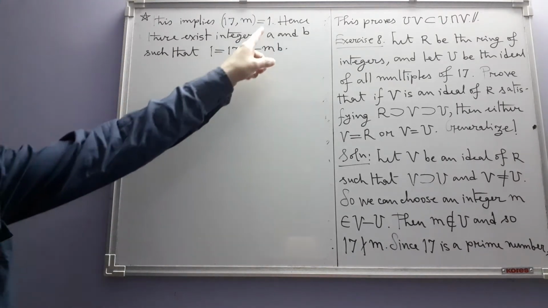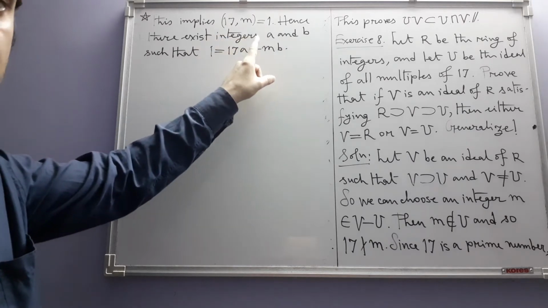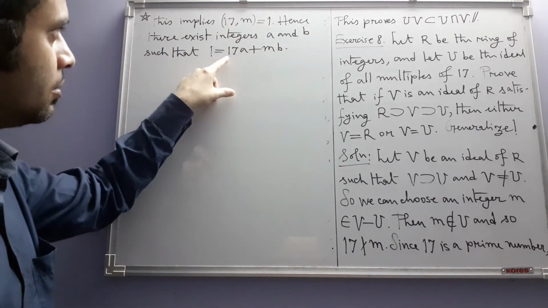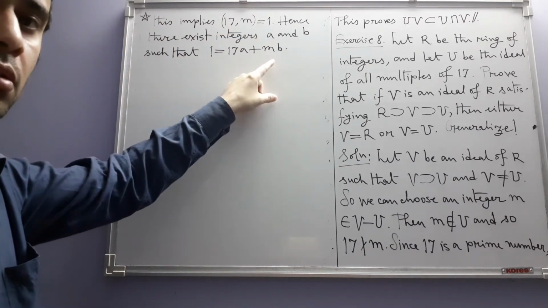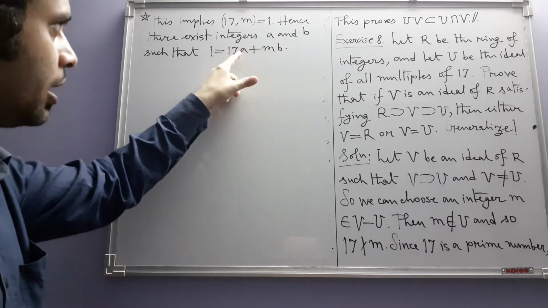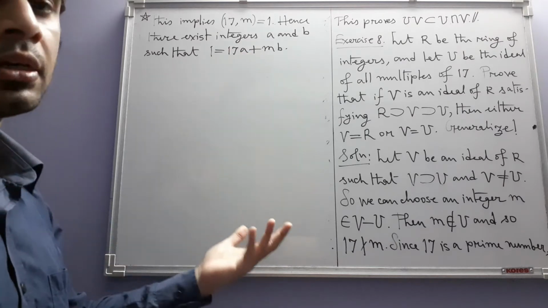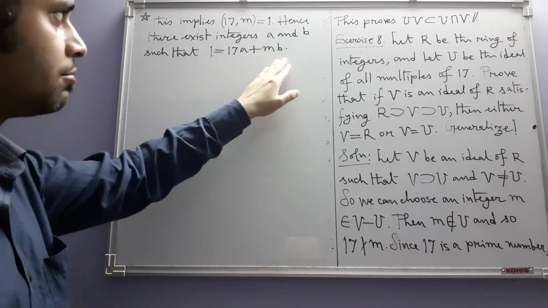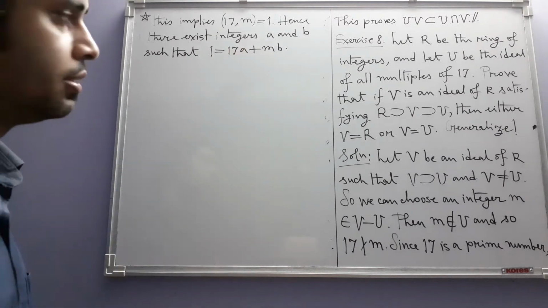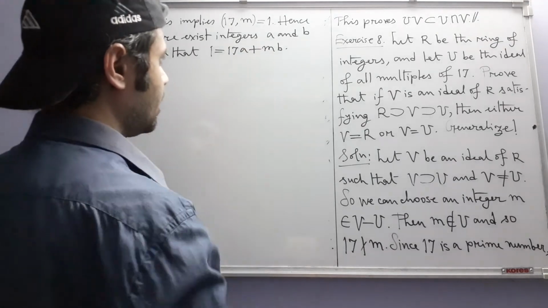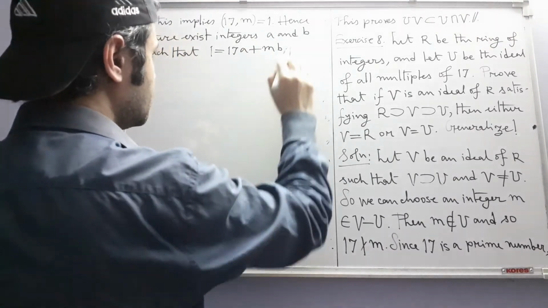That is, the GCD of any two integers is a linear combination of the integers, or rather we can say integer combinations, because the numbers by which we are multiplying are also integers. Okay, so we have got this.